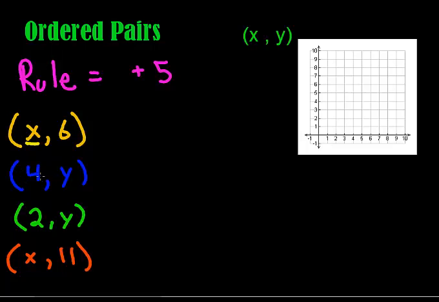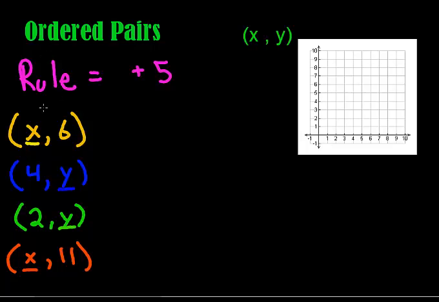On this one I have (4, y), I know my x is 4, but my y is unknown. The next one I have (2, y), so again I know my x is 2, my y is unknown. And the bottom one here I have (x, 11), so I know y is 11 and x is unknown. What we'll be working on today is finding that missing point in our ordered pair.